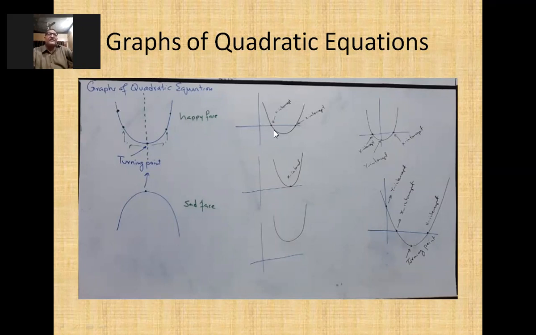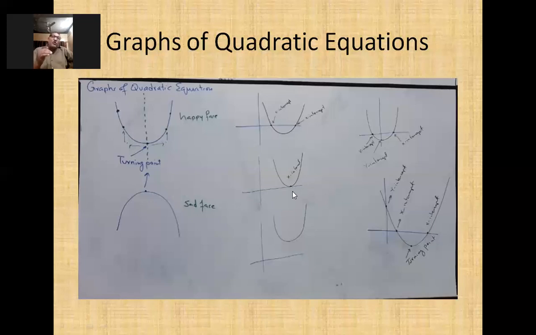Now, here I have tried to show you a parabola. It's a happy face, and you can see this parabola is cutting the x-axis at these 2 points. These 2 points where it cuts the x-axis are known as the x-intercepts. So this graph has 2 x-intercepts. Here is another example, a parabola with a happy face, and this parabola is only touching the x-axis at a single point.